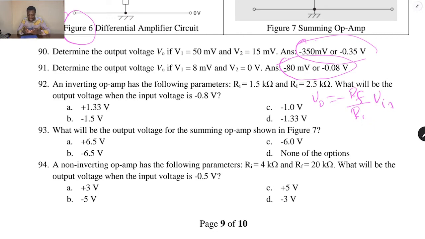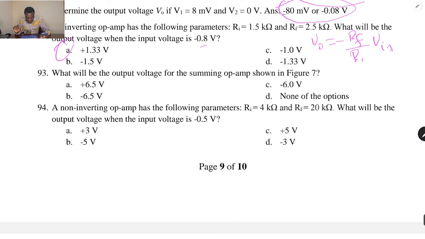So you can see here RF is 2.5 kilo ohms. So we have 2.5 kilo ohms divided by 1.5 kilo ohms. Then times minus 1. Then times minus 0.8 as our Vin. So you get 1.33. So the answer here is A.